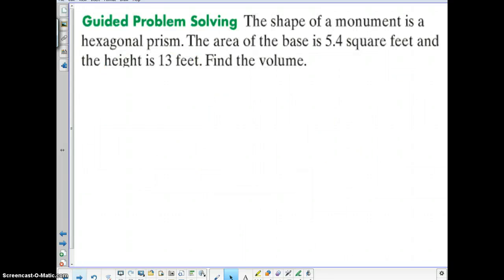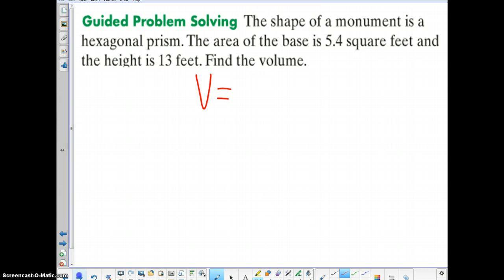This is a word problem that is straight out of your textbook, and if you could follow along as I read it, and then we will solve it together on the screen. This is a guided problem solving question. The shape of a monument is a hexagonal prism. The area of the base is 5.4 square feet, and the height is 13 feet. Find the volume.